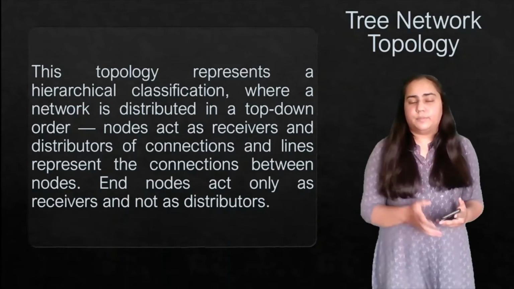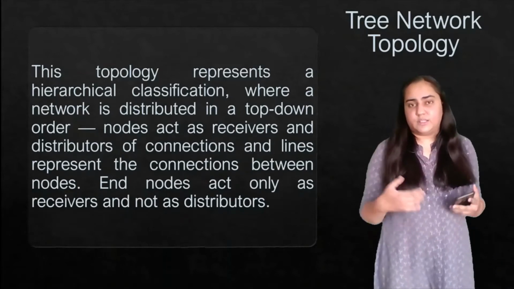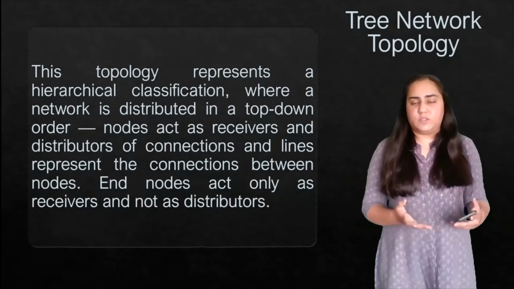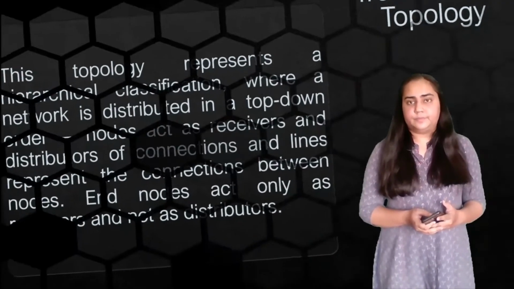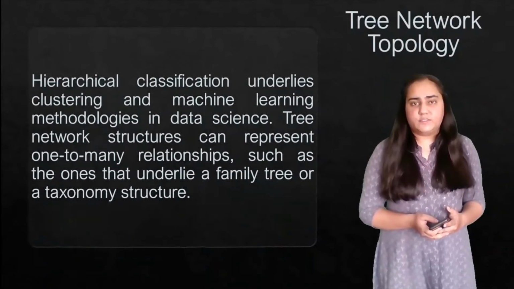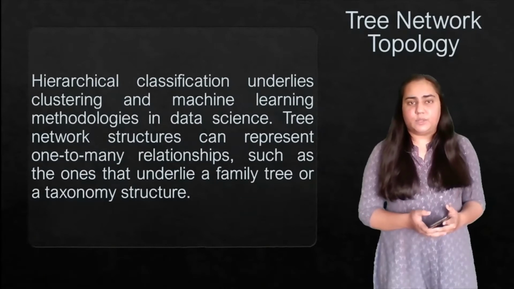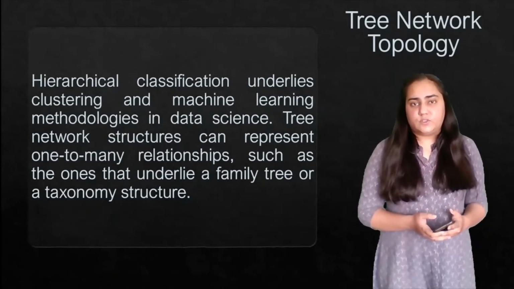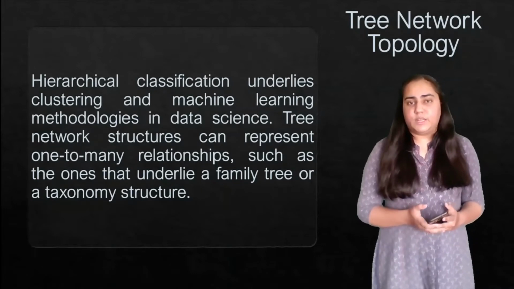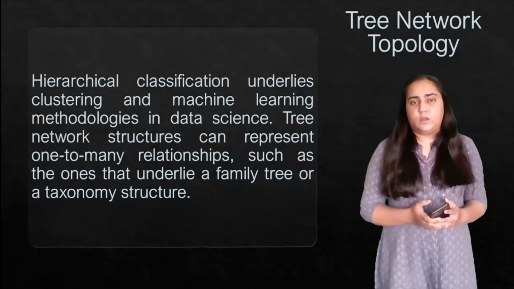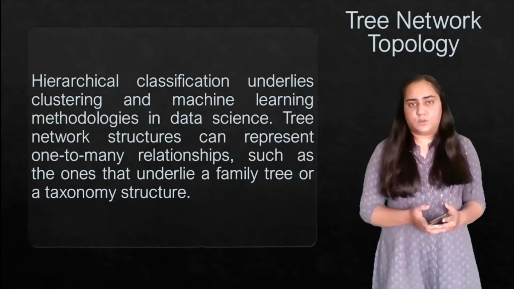So the root node would be the one that's acting only as a distributor, and then the bottom leaf nodes are all receivers and not distributors. Hierarchical classification underlies clustering and machine learning methodologies in data science. Tree network structures can represent one-to-many relationships, such as the ones that underlie a family tree or a taxonomy structure.